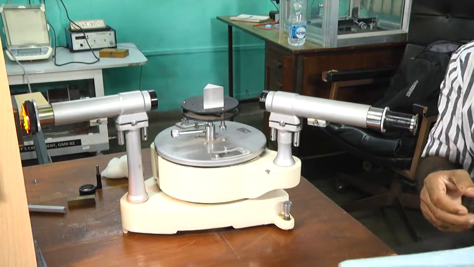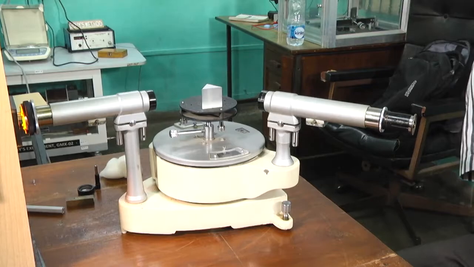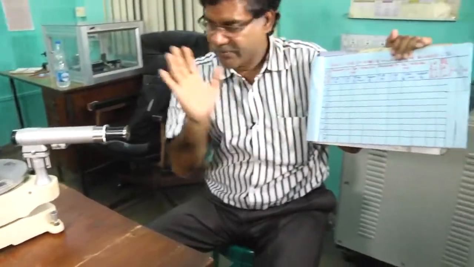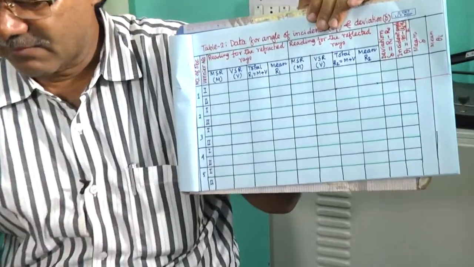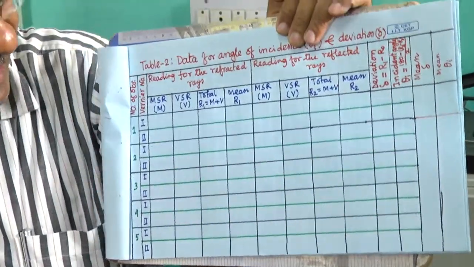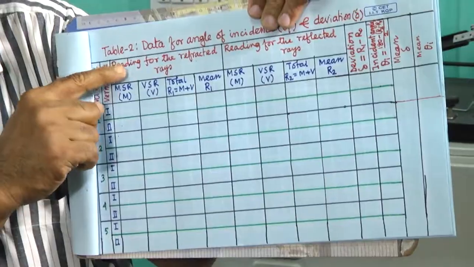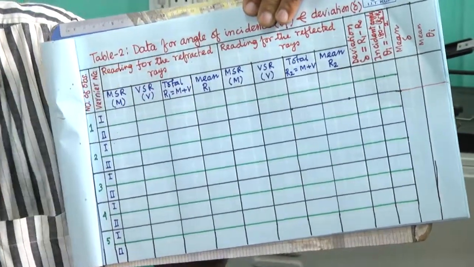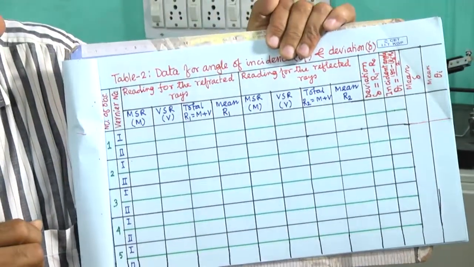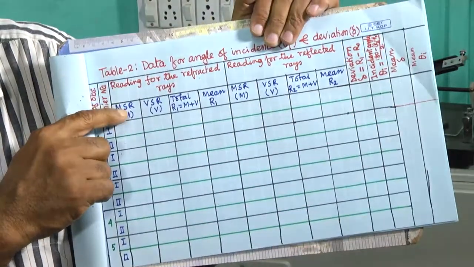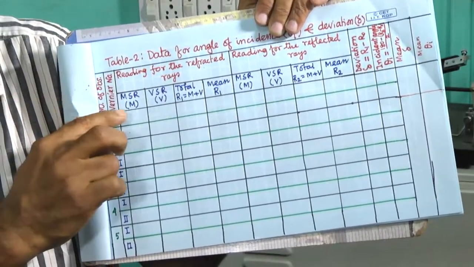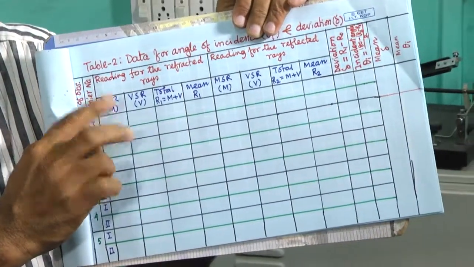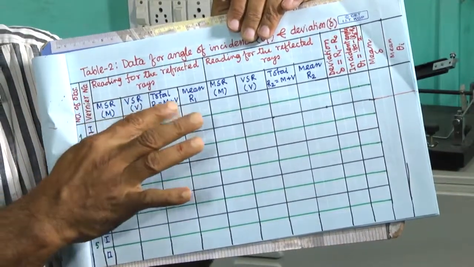So I set a particular approximate incident angle. For that, for the reading of the refracted rays, I have to take the main scale reading, vernier scale reading, and total. Okay. So at least 2 observations one should take.